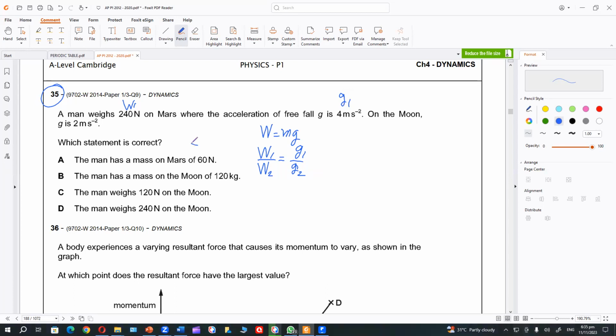On the moon, it is g2. Okay, so I will take it 240 upon W2 is equal to 4 upon 2. W2 is equal to 240 upon 2. W2 is equal to 120.